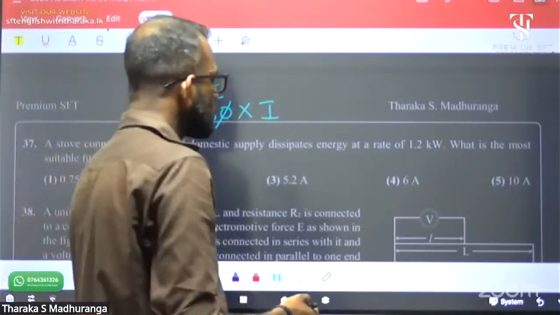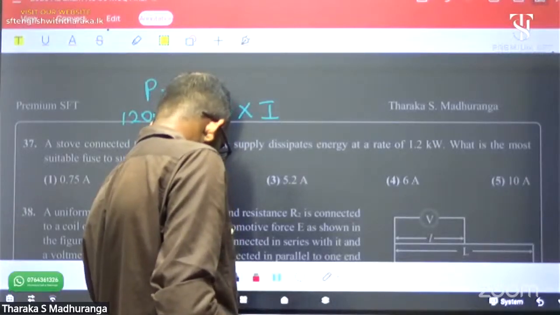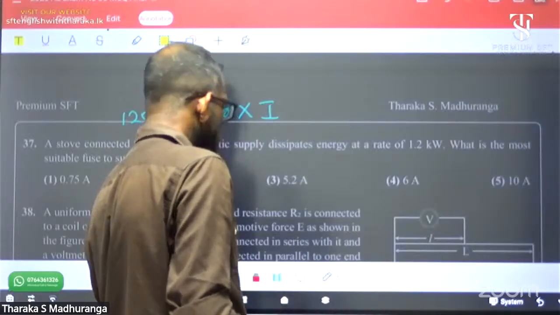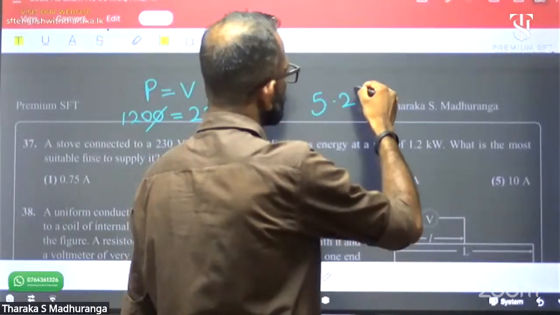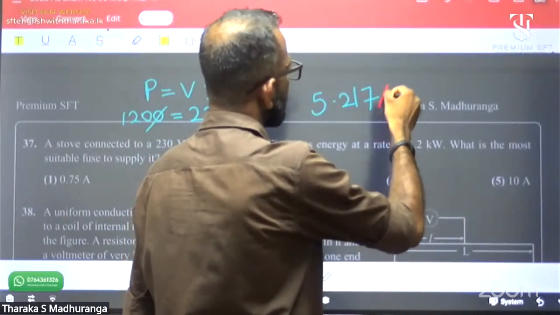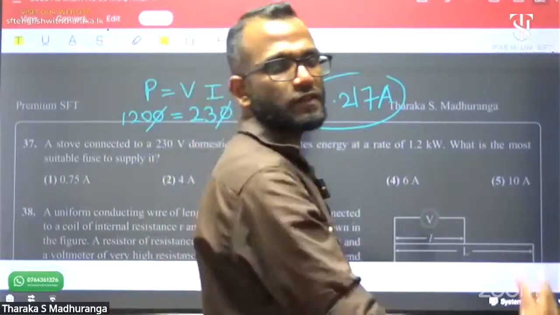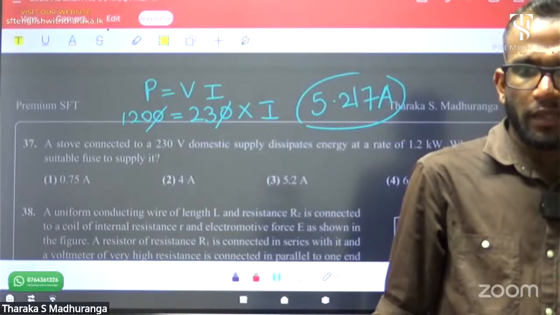It's 5.2, 5.217. 5.217 ampere is the current flowing through this circuit.